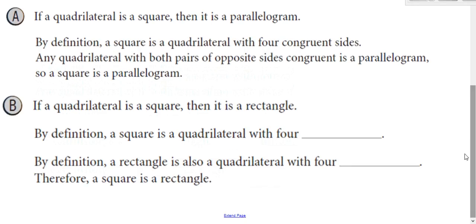So here's one where we've got to fill in a couple of statements. If a quadrilateral is a square, then it's a rectangle. By definition, a square is a quadrilateral with four right angles.